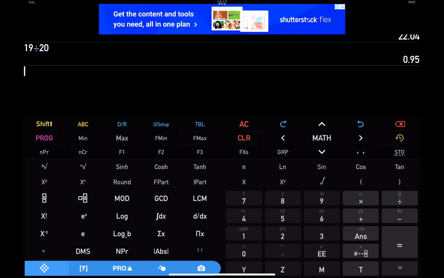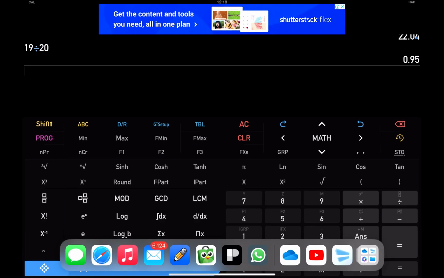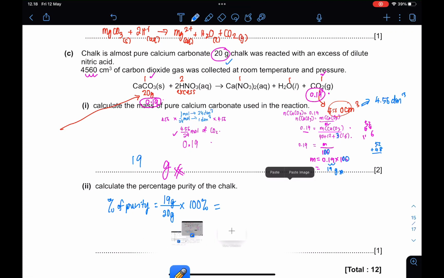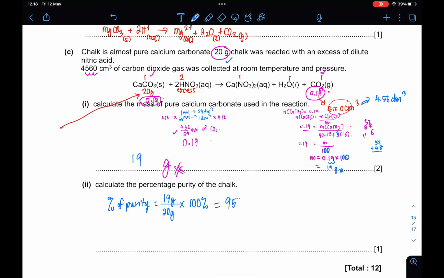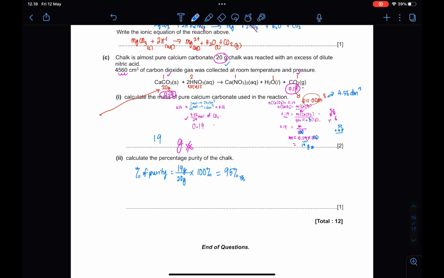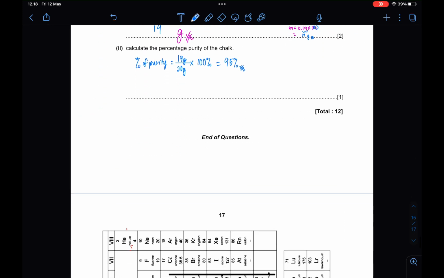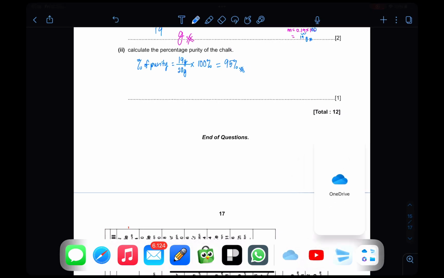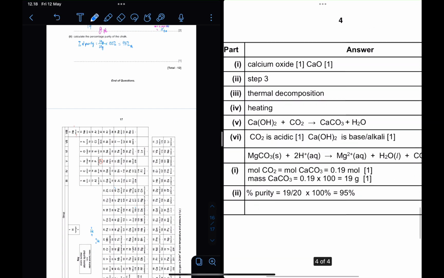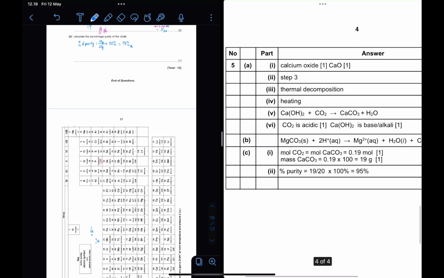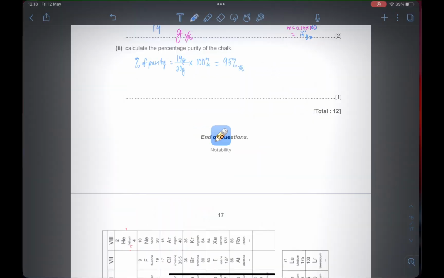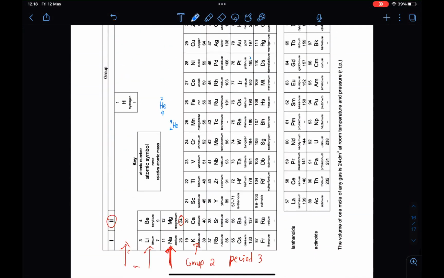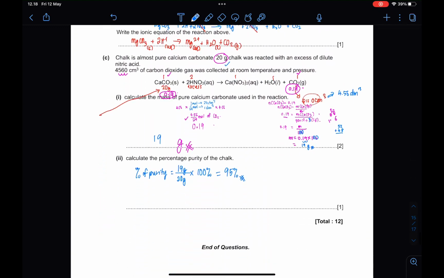If you calculate 19 divided by 20, we will get 0.95, then times 100, so 95%. That's the percentage of purity of the chalk. So we can check also.